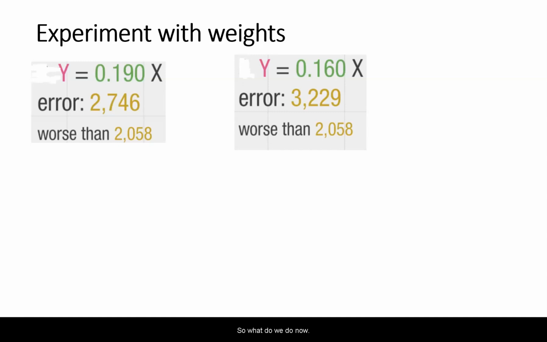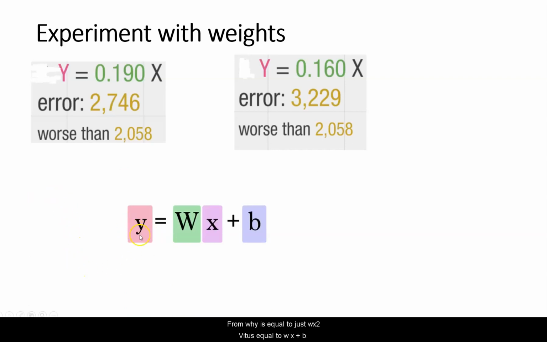So what we do now is change my formula from y is equal to just wx to y is equal to wx plus b, where this b is called a bias or the offset, and it is also a parameter like w, which my neural network will learn during the training phase.